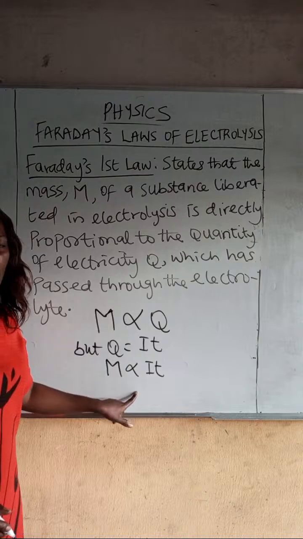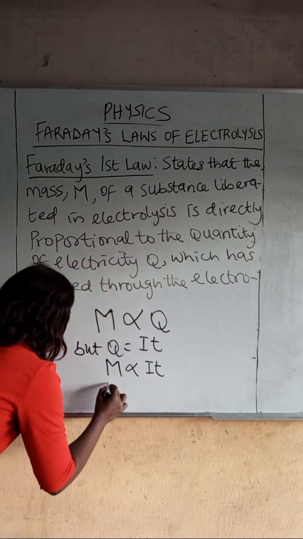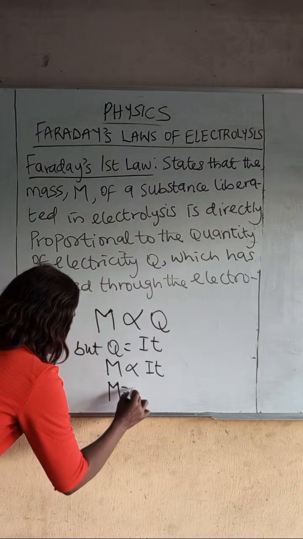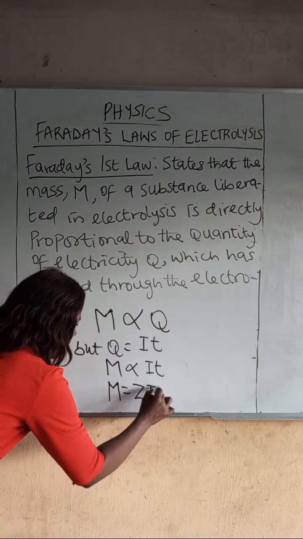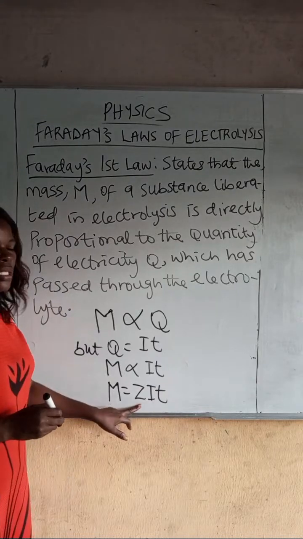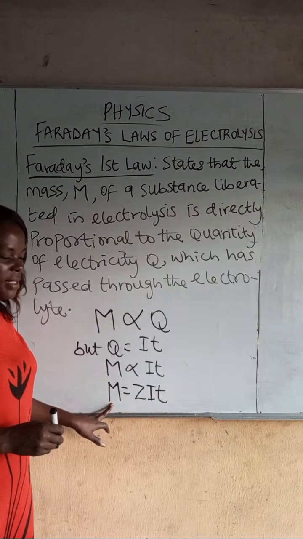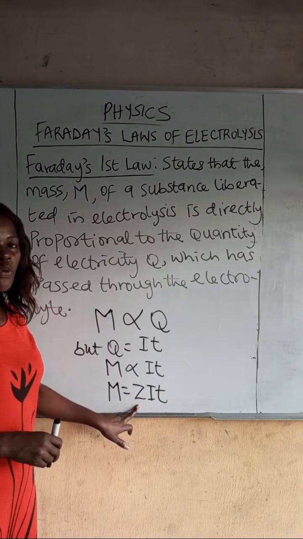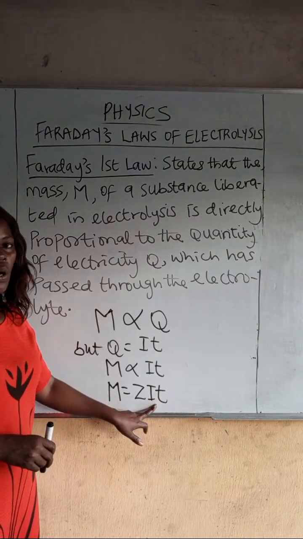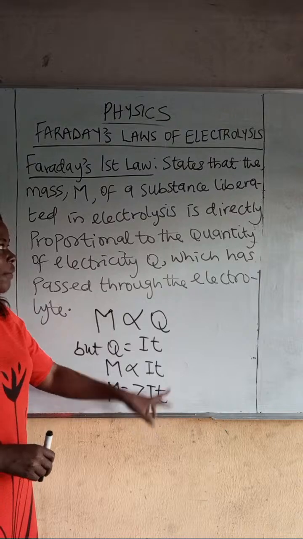But when I remove this proportionality, I'm going to introduce a constant. So I have M = ZIt. What is this constant called? It is called electrochemical equivalent. M is for mass, Z is for electrochemical equivalent, I is for current, t is for time. Do we understand? I'm going to explain it further.